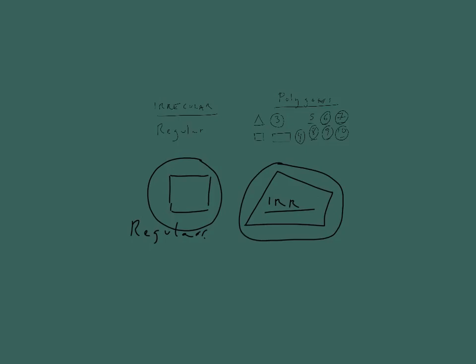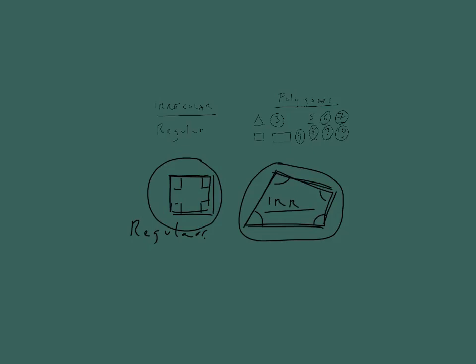The difference is regular means all the sides are the same length and the angles are the same. So here 90 degrees, 90 degrees, 90 degrees. Irregular angles are quite different. They're not the same. And the length is different for all four sides. Okay.